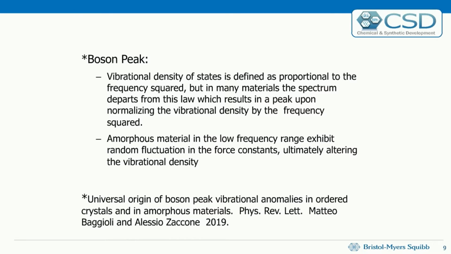But in some cases, when you normalize that vibrational density of states, sometimes called VDOS, by the frequency squared, you get a differentiation or a deviation from the Debye law. And that's what appears to arise in this boson peak, this elongated spectral band.